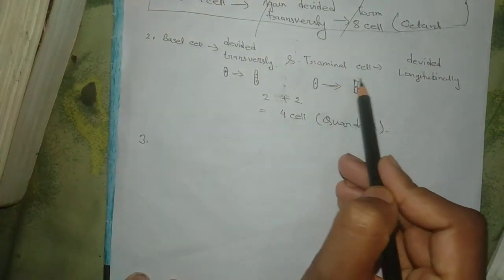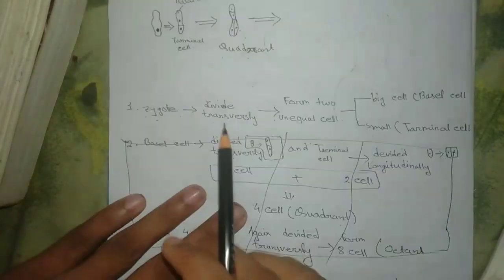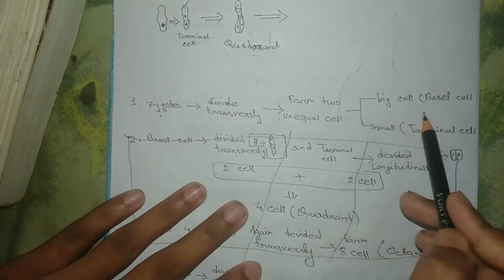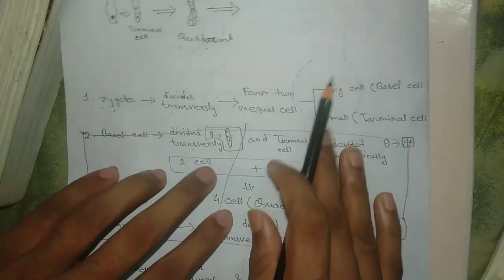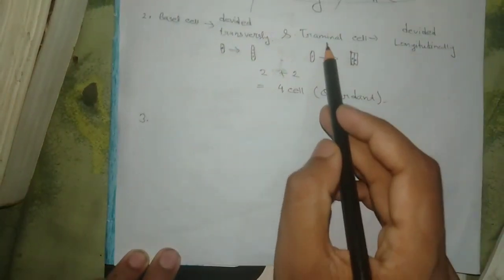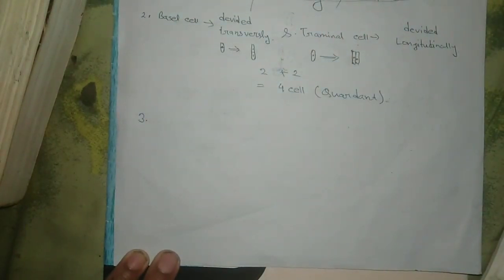Here basal and terminal both, here also basal and terminal both, but here I will talk only about the terminal cell. It may be confusing, but if you take it simply, it will be very easy.